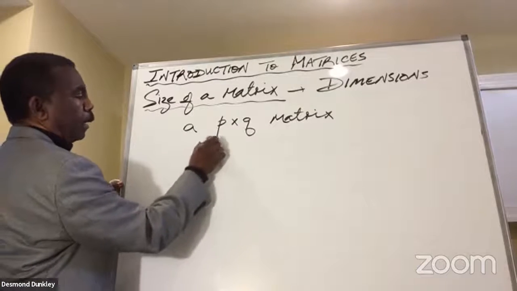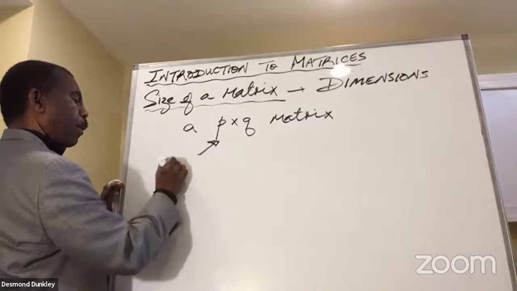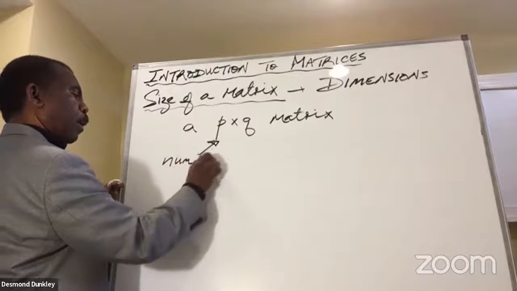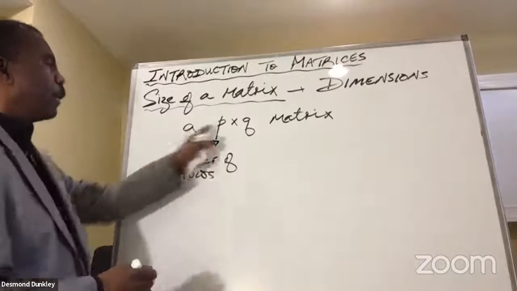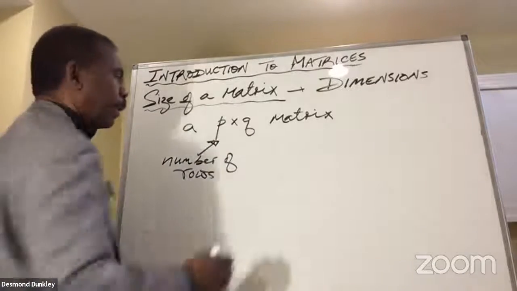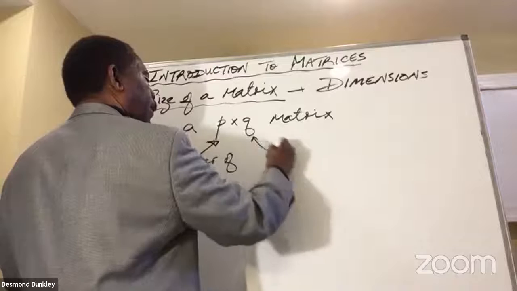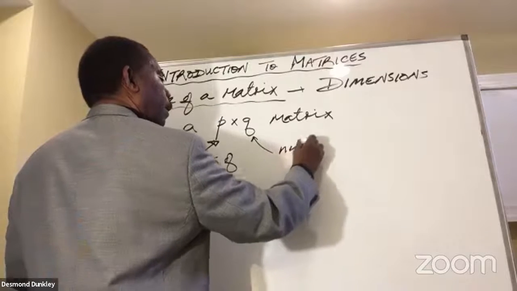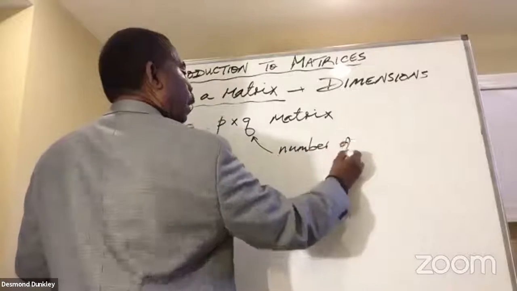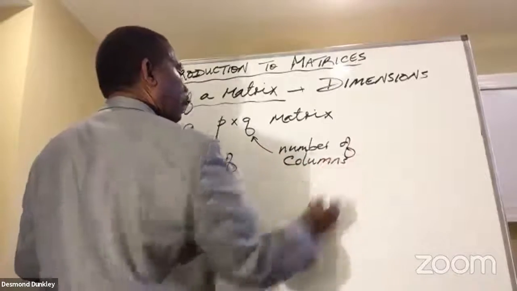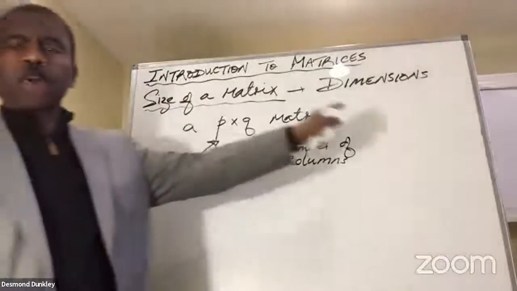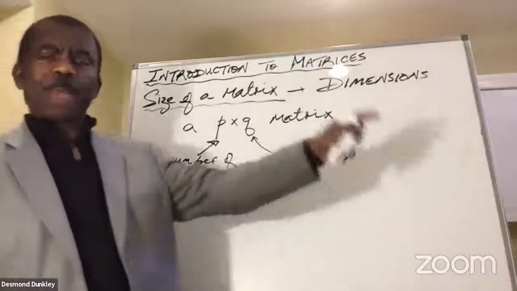The p is the number of rows. The first number gives you the number of rows, and the q is the number of columns. So it's always row followed by column, row followed by column.